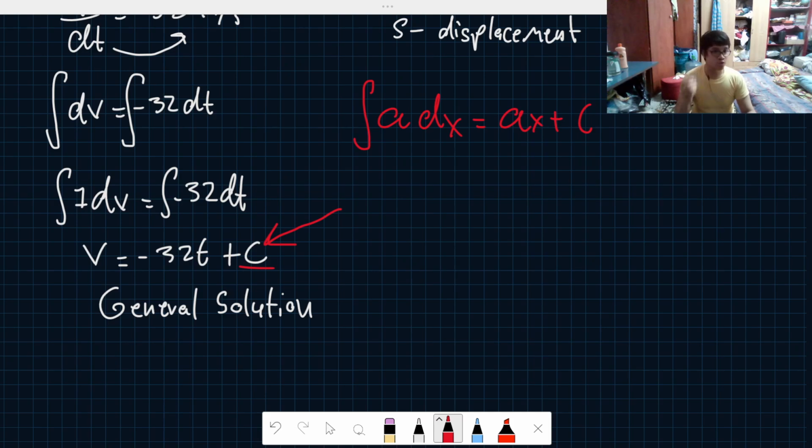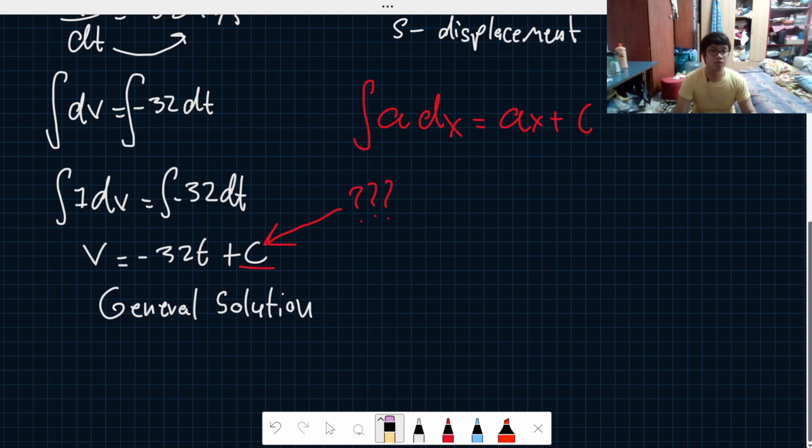You have a general solution when the arbitrary constant is not given with a specific value. So meaning we need to find what's the value of your C. Okay, this is an arbitrary constant. We need to find the value of C. We need to do that. Now, the question is how?